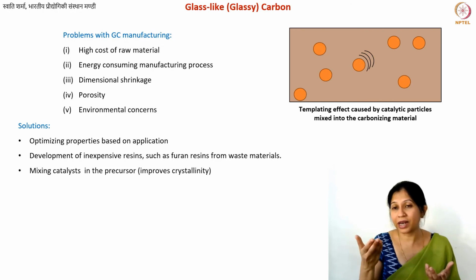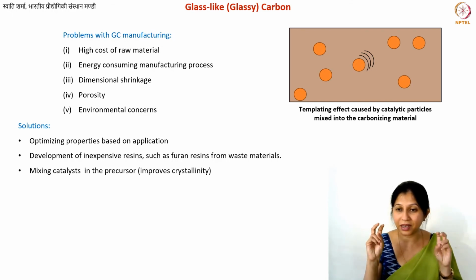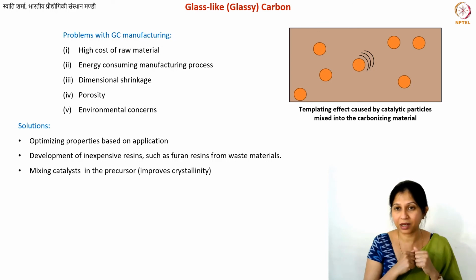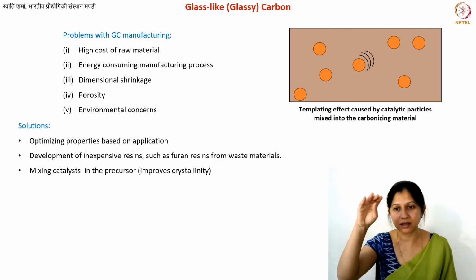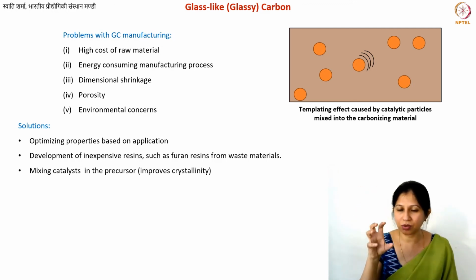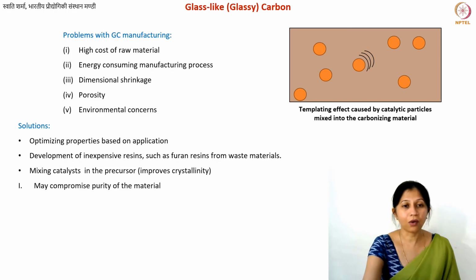So to increase the graphitic content of your carbon material, you can use metal nanoparticles or any other catalytic particles. This kind of effect, where the regions closer to the catalyst particles are more graphitized, is known as the templating effect. Okay.